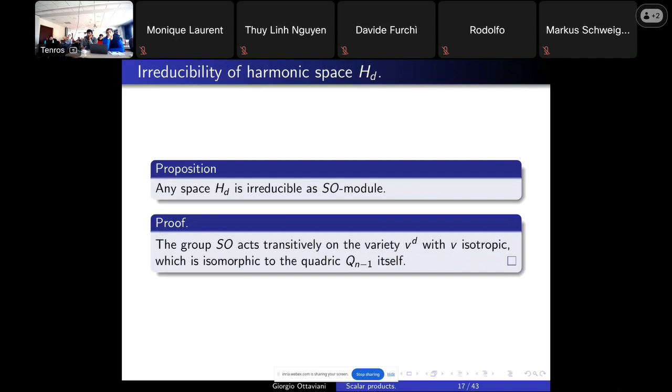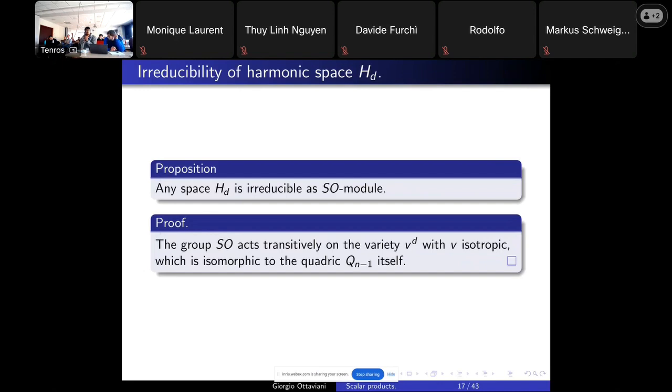And here I'm saying that since the orthogonal group acts transitively here, and that this is invariant, it's not possible to have a hyperplane here which cuts this, because you should have already some subvariety of the quadric which should be invariant, but over the quadric, of course, the orthogonal group is transitive.